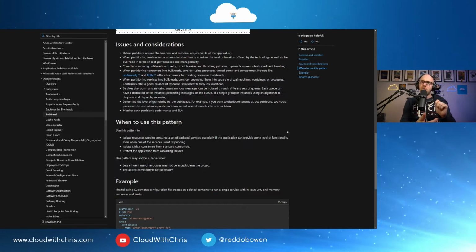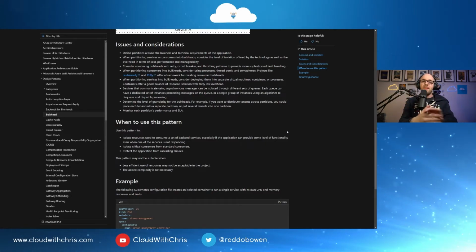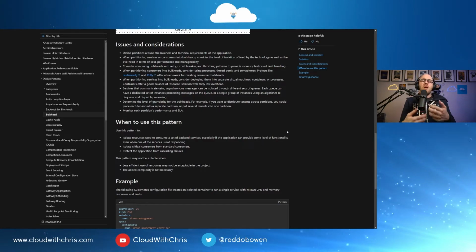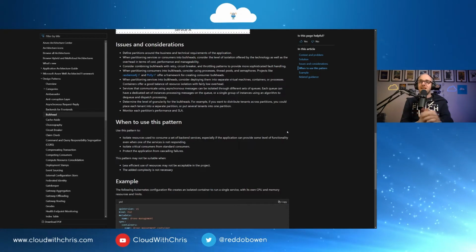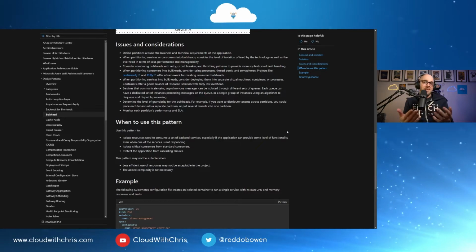Oh, nope, it still didn't work. Let's try it again. Still didn't work. Let's try one more time. Okay, I'm going to back off for a while until I know that service might be back, might not be back, rather than just contributing even further to the problem, right? So describing there the retry pattern, the circuit breaker pattern, and the throttling pattern.